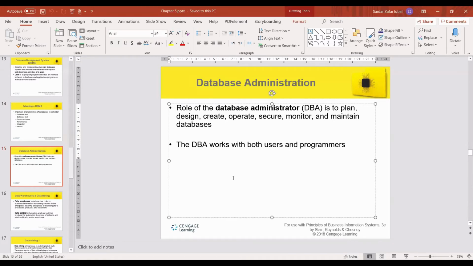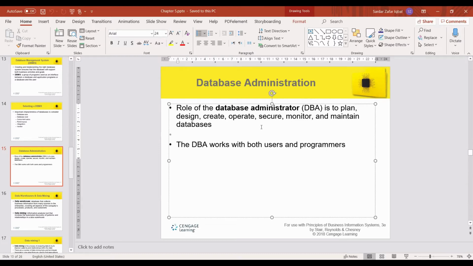So usually in one organization, there are many database administrators of different levels. Some are senior, some are mediocre level, and some are junior. But the role of the database administrator is the same for all, but there are different access levels.